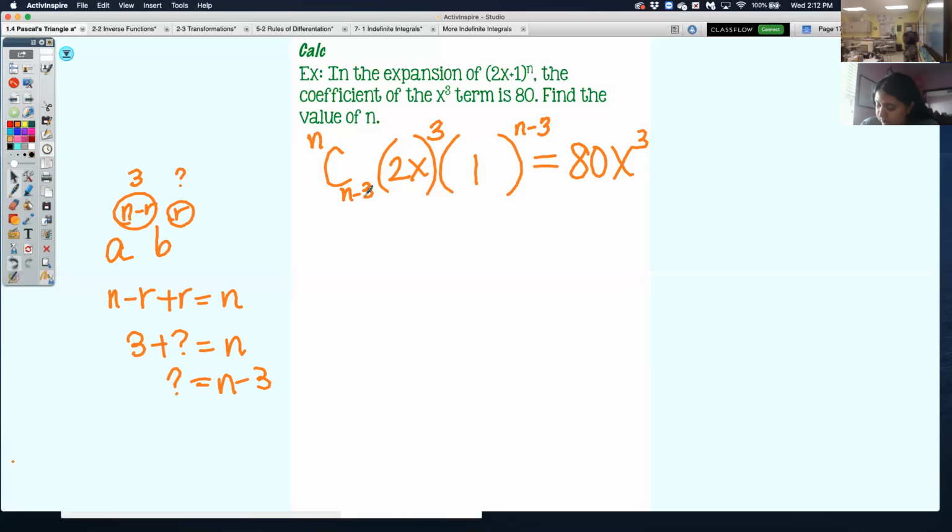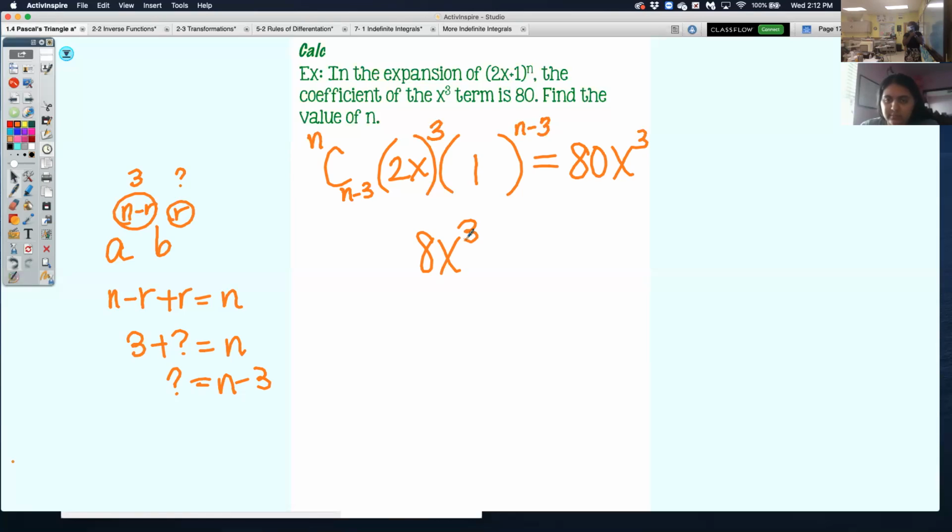Now we need to solve for n. And don't get overwhelmed when you see something like this. We can actually simplify this a little bit. First off, what's 2x raised to the third power? 8x to the third. And then what's 1 to any power going to be?